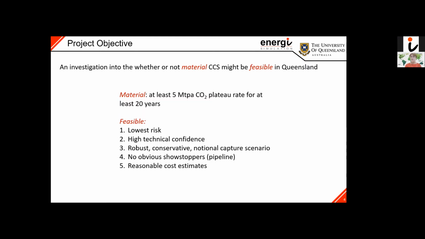Third, the retrofit of existing coal-fired power stations would need to be done with minimum disruption to power generation in the state. We also require that there are no obvious showstoppers for pipeline routes from power stations to injection sites. And finally, that the unit cost of abatement and the levelized cost of energy would be in line with published estimates for other CO2 projects.